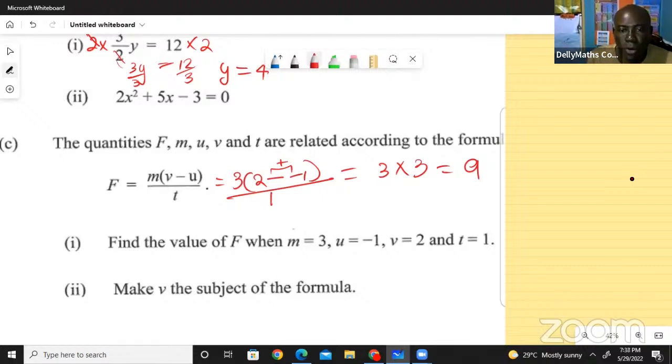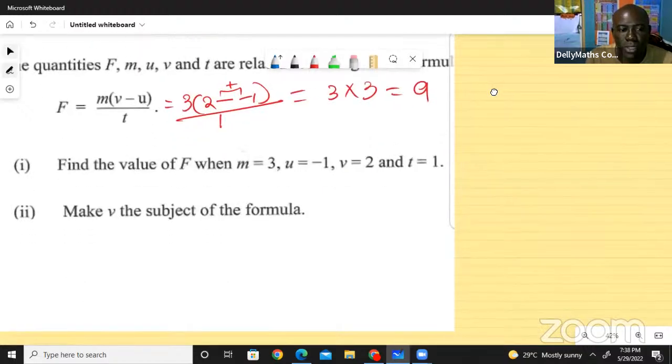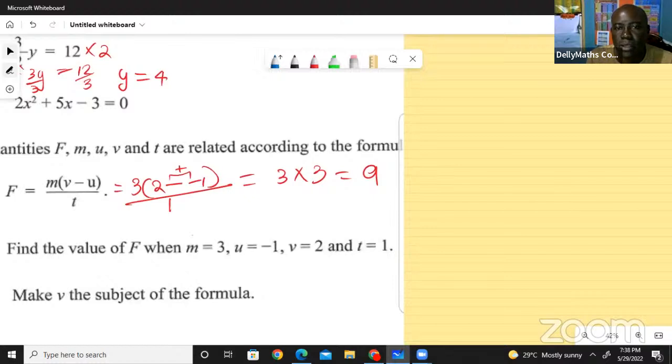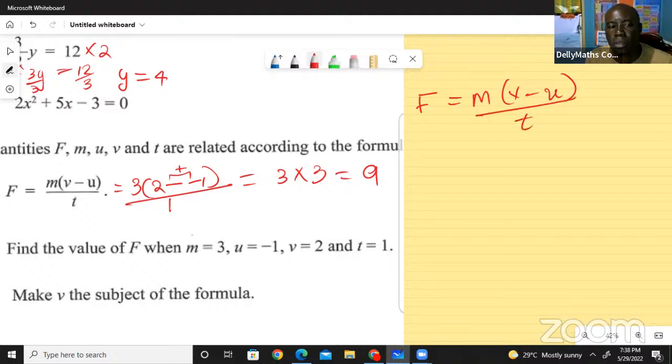In the meantime, what they want us to do here is to make V the subject. So if I have F is equal to M(V - U) all over T, and I want to make V the subject, I'm going to get rid of the fraction first.